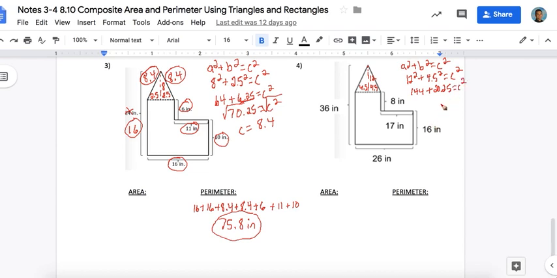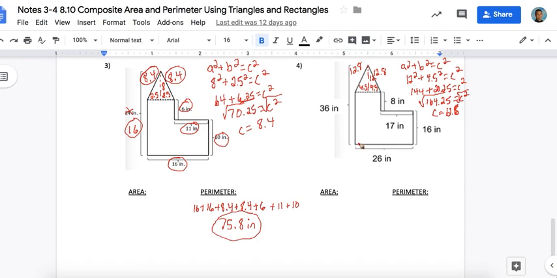When I add those together, I get 164.25. And the opposite of squaring something is square rooting. So the square root of 164.25 is 12.8 to the nearest tenth. Whoops, that doesn't look like an 8. But it is. This is 12.8, so make sure you have 12.8. And then come up here. Let's write 12.8.